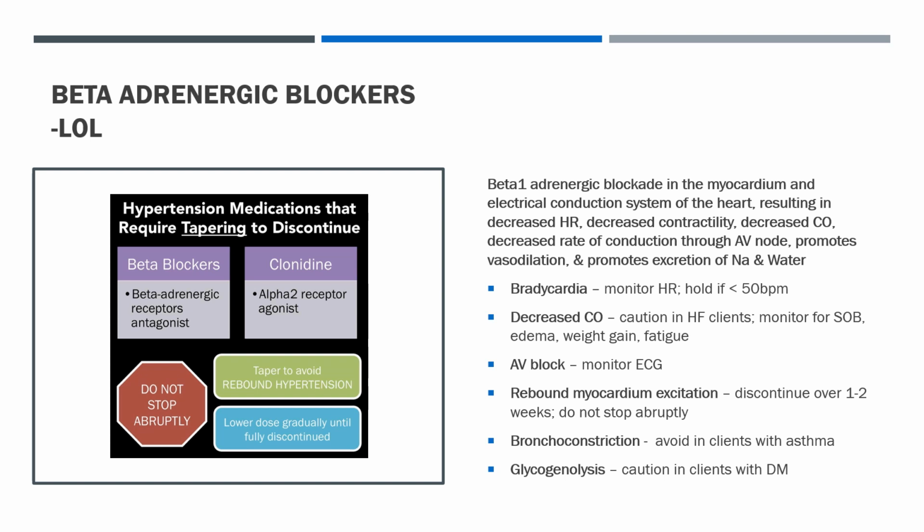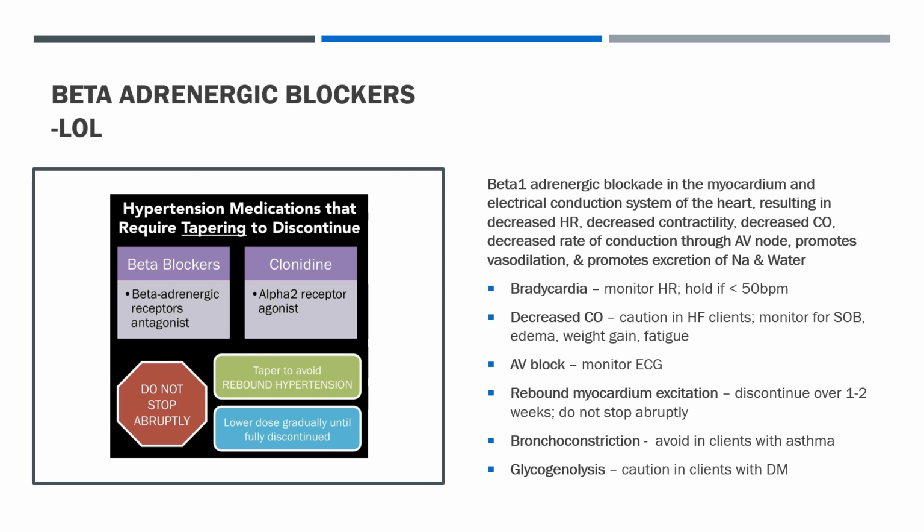What we're going to monitor for, because it's interfering with the heart rate to get there, is bradycardia. So monitor their heart rate, and don't give it to them if their heart rate is less than 50. If their heart rate is less than 50 and you give them a beta blocker and it slows down their heart rate even more, you're possibly going to stop their heart. So don't do that.